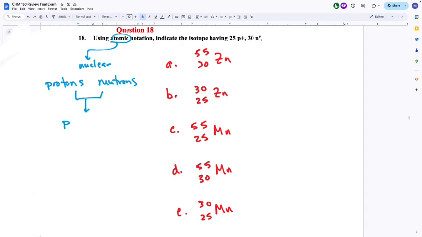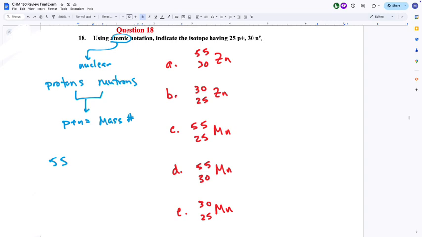So if I add my protons plus my neutrons, I would get what is known as my mass number. That mass number needs to be the first thing I see when I'm looking at a label. So that mass number will be getting written in the upper left-hand corner. So I'm going to take my protons plus my neutrons, 25 plus 30, assuming I'm doing my math right, 55.